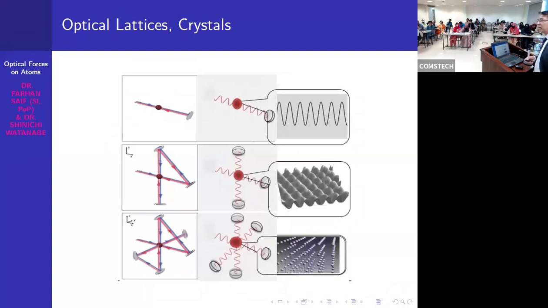One of them can be a standing wave field, for example, and that is the simplest, because if we have a laser beam and apply a mirror, the incoming field will be interfering with the reflected field, and we shall see a standing wave. This is the simplest profile which we come across very often in the laboratory.